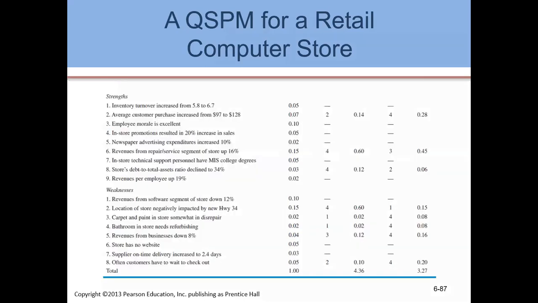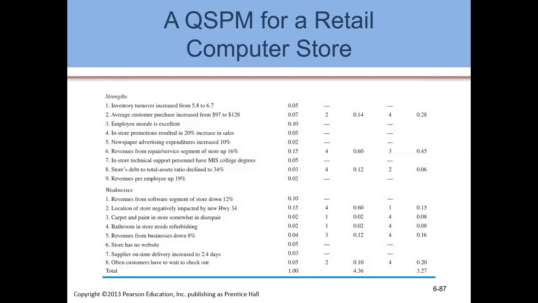This is the second half of the QSPM, in which strengths and weaknesses are written. In this case, the example is filled with 8 weaknesses and 9 strengths. Again, we have allocated attractiveness scores to each corresponding strength, weakness, opportunity, and threat, and calculated TAS. You can also see that in certain instances we have placed a dash.